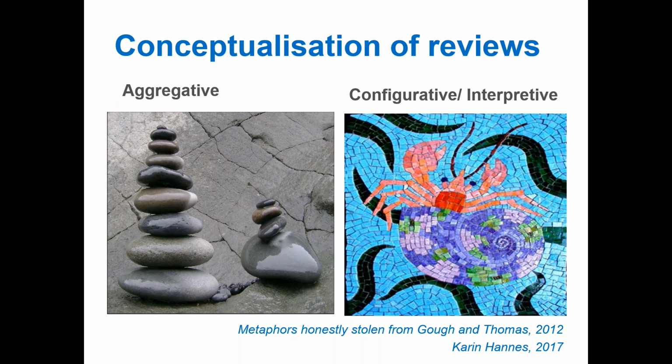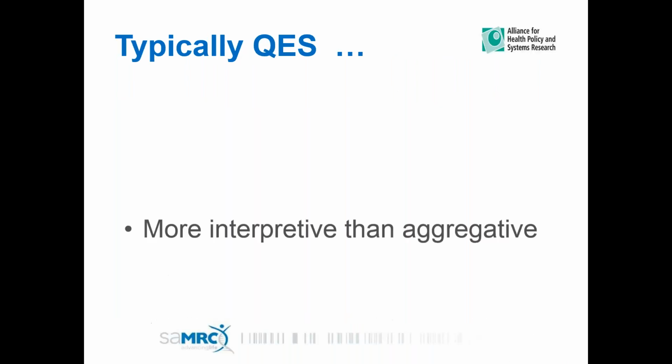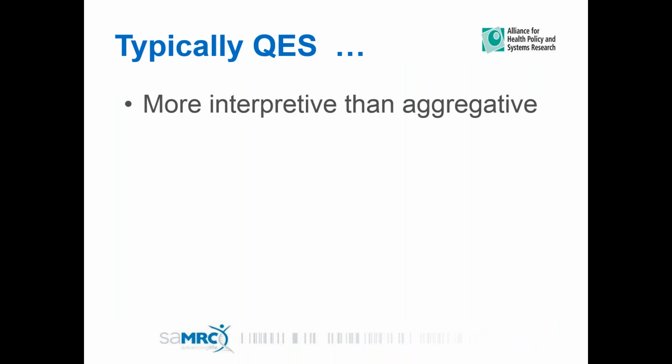Configurative, you actually create an entirely different picture from what you found. You look at the data and you reinterpret: when we put all these things together, what is the new picture that we find? Typically, qualitative evidence syntheses are more interpretive than aggregative, though they can also be aggregative, and of course, quantitative reviews can be interpretive to a degree as well.